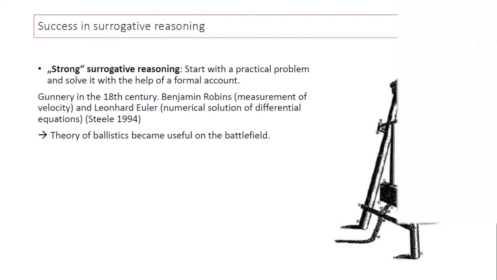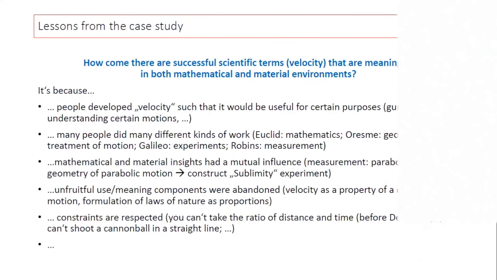Now I want to briefly mention some lessons we might draw from this case study. So I asked, how come there are successful scientific terms like velocity, which are meaningful in both mathematical and material environments? And some possible answers are, well, that is because people developed the term such that it would be useful for certain purposes like gunnery and understanding specific kinds of motions.